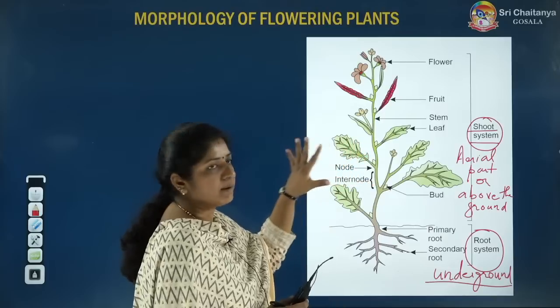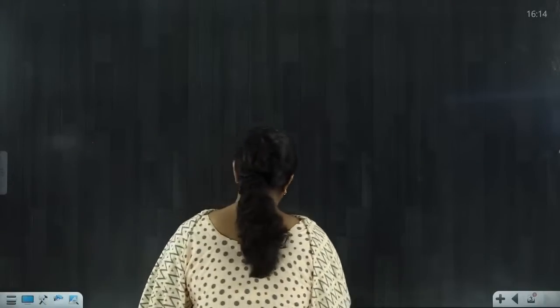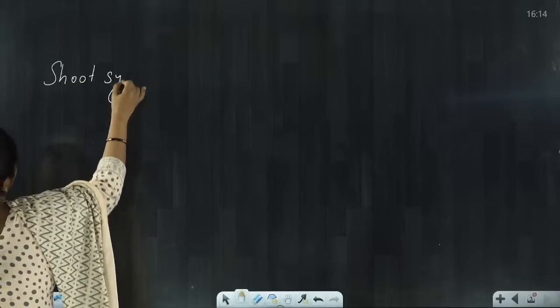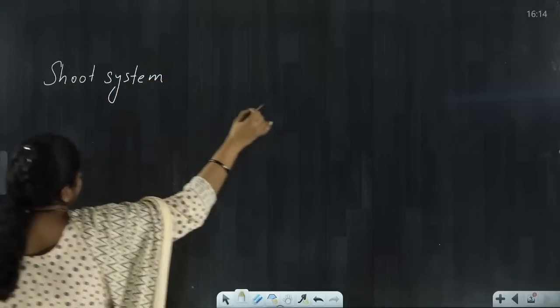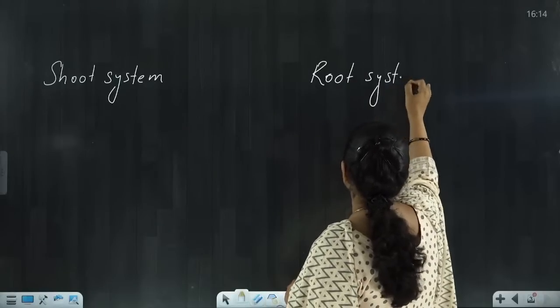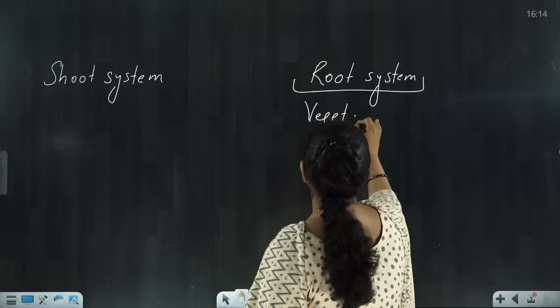Now when we take this into detail in morphology, we have to take two systems here, the shoot system and the root system, right? The root system is totally the vegetative part of the plant.